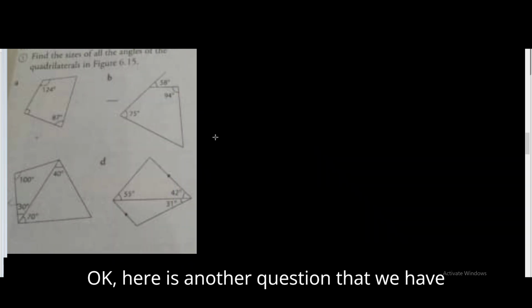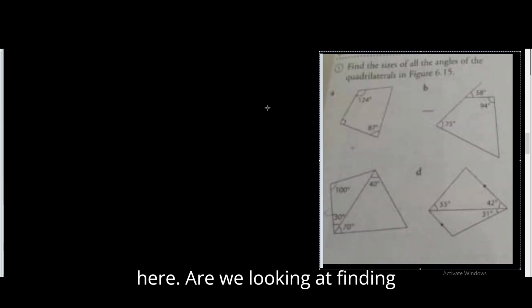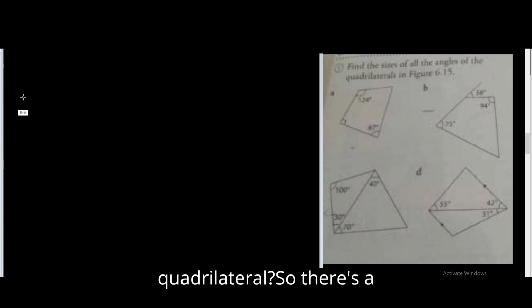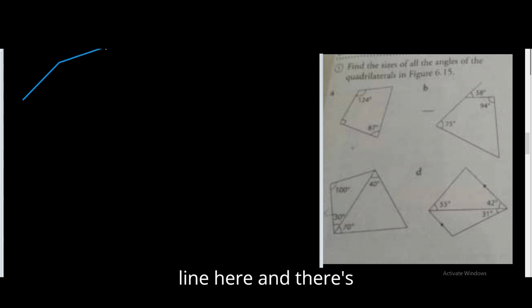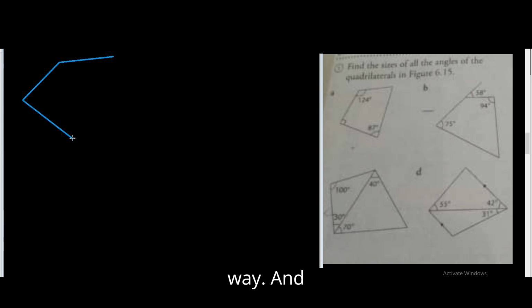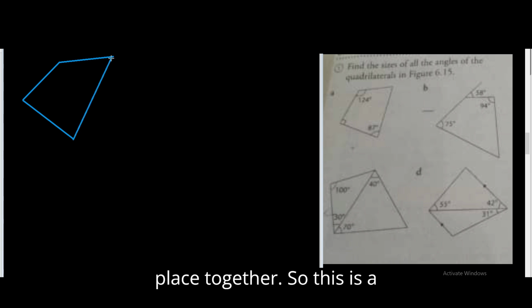Okay, here is another question. We're looking at finding the missing angle in this quadrilateral. So there's a line here, and a line going up here, then this line coming this way, and the last one, we just join this place together.